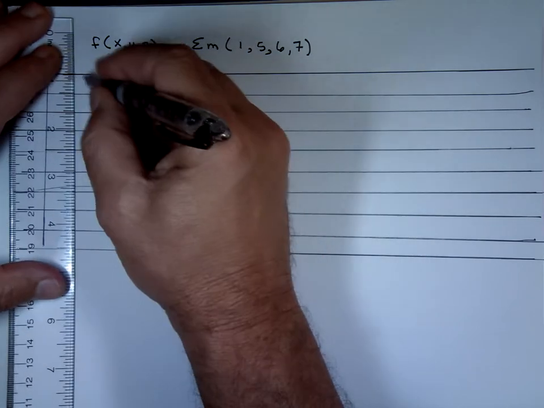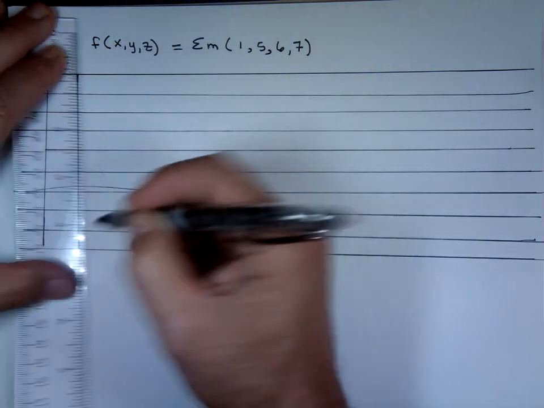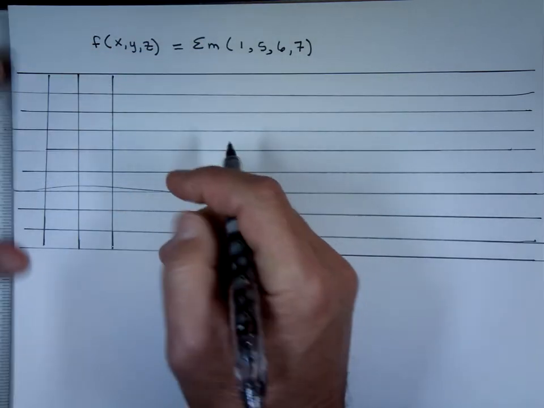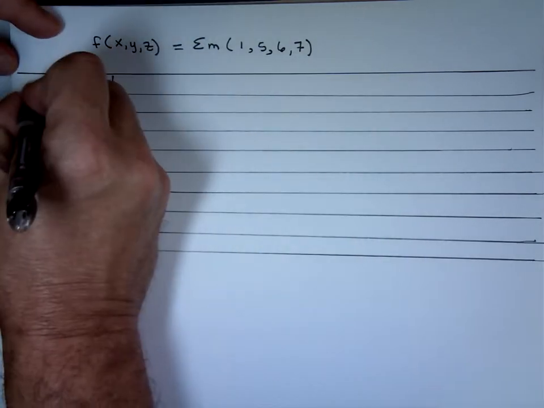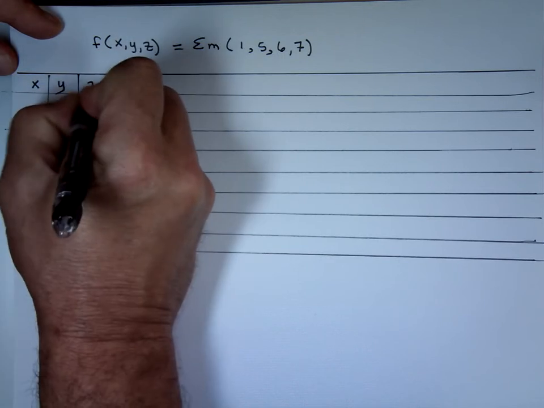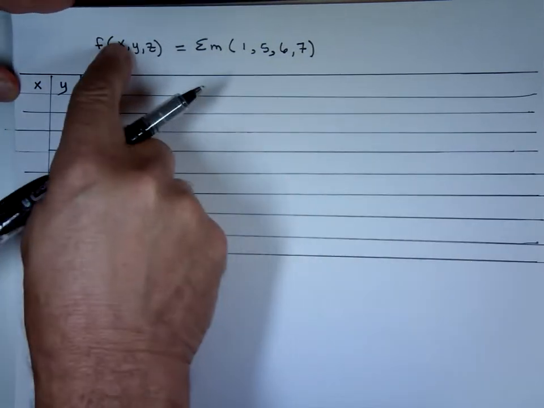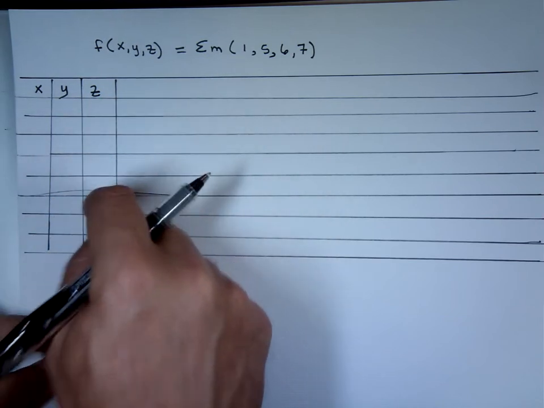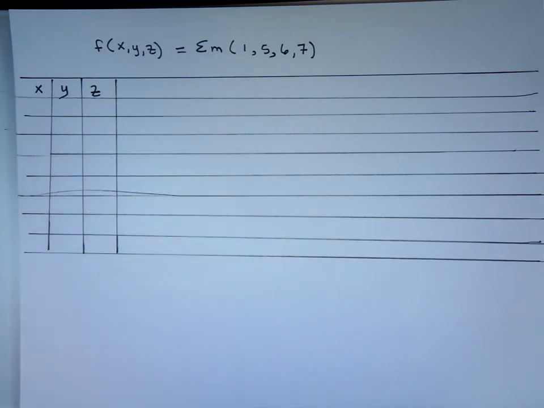I have 3 inputs. The inputs are x, y, and z. It says f of x, y, and z. 1, 2, 3, 4, 5, 6, 7, 8. I should have 8 different combinations.